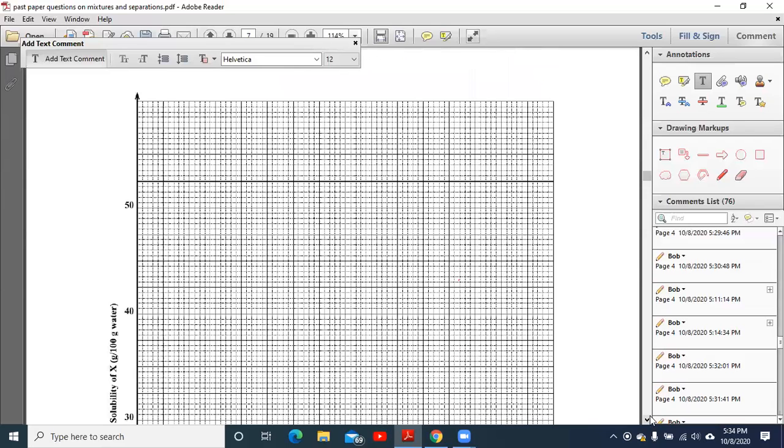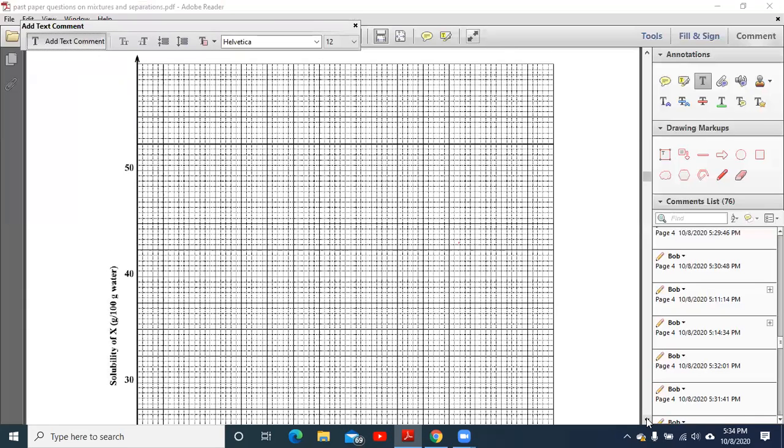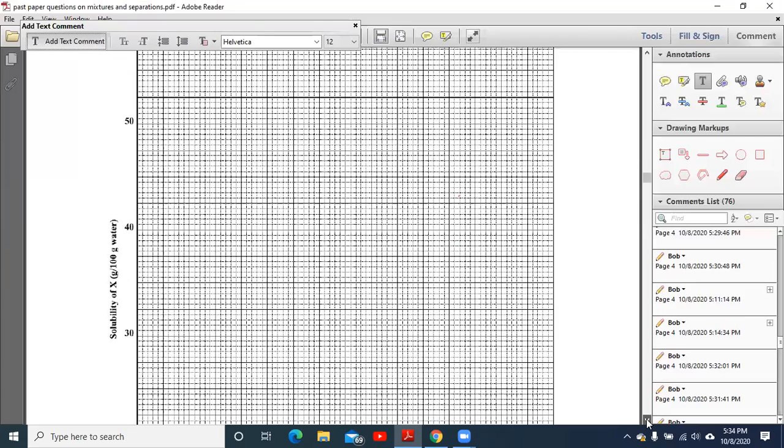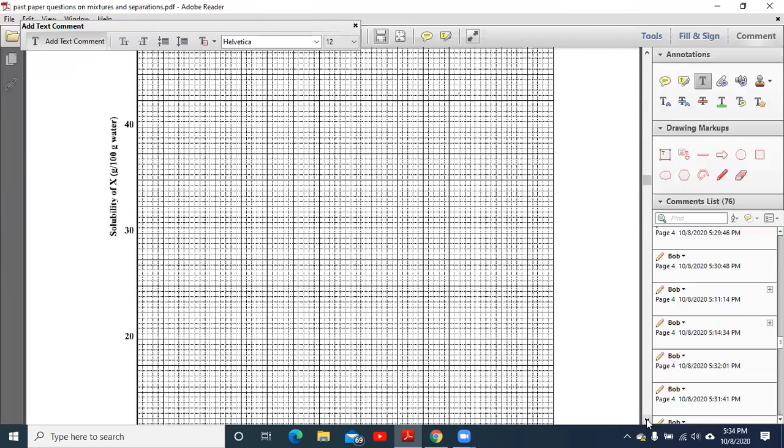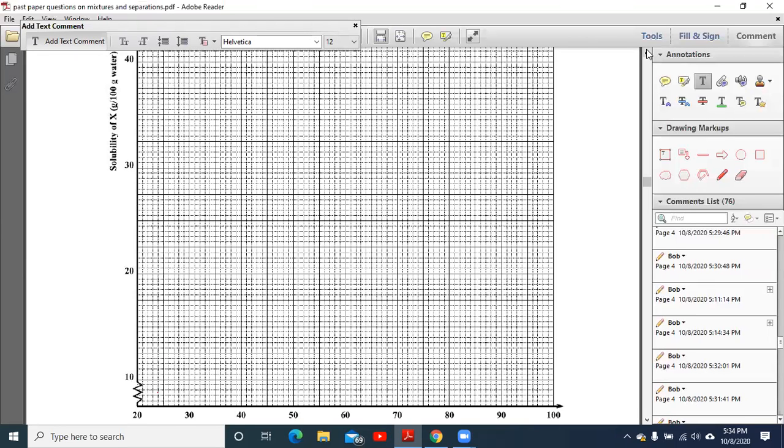We have to understand the axes that they give us. So our first point should be at the temperature of, temperature is below solubility, exactly. So at the temperature of 91 degrees Celsius, so 10 degrees, 10 divisions.